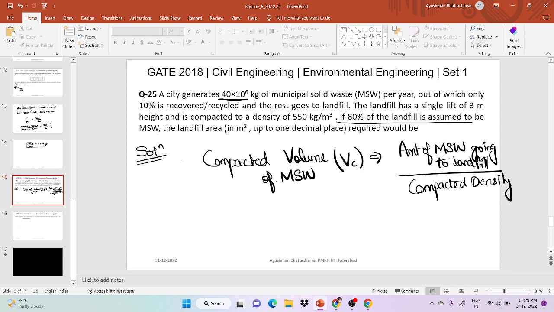okay, there is some issue in the data I think. Okay, we will do this question. I think some data is missing. The city generates 40, out of which only 10%, the landfill area would be.